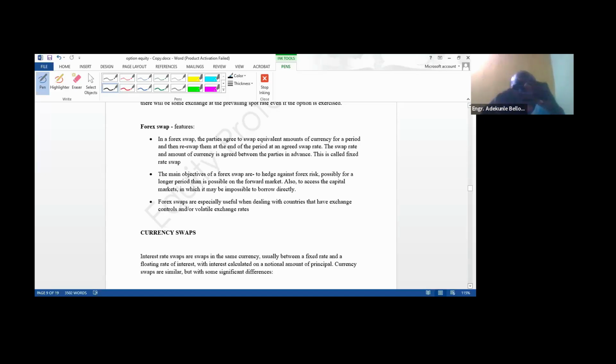That is currency swap. No step is involved here. In currency swap, you are swapping currency at an agreed swap rate.